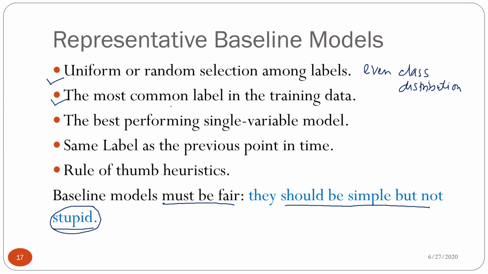But in certain cases, you may not have the data distribution so even. As in the cancer classification problem, you might have fewer cancer patients compared to healthy patients. In that case, you will have an uneven class distribution. Example: 10% cancer, 90% healthy.